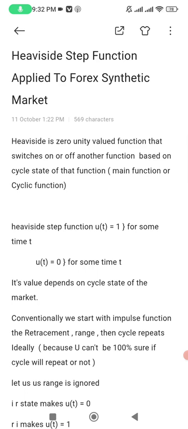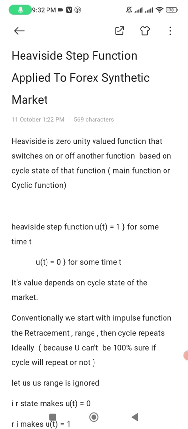It's going to help us select certain signals and reject certain signals. It's going to activate certain signals and absorb certain signals. So our interest will be on the activation. Our interest will be on the impulse signal.